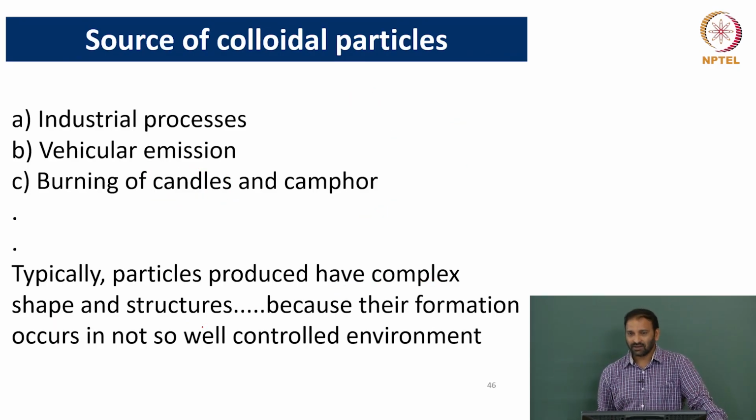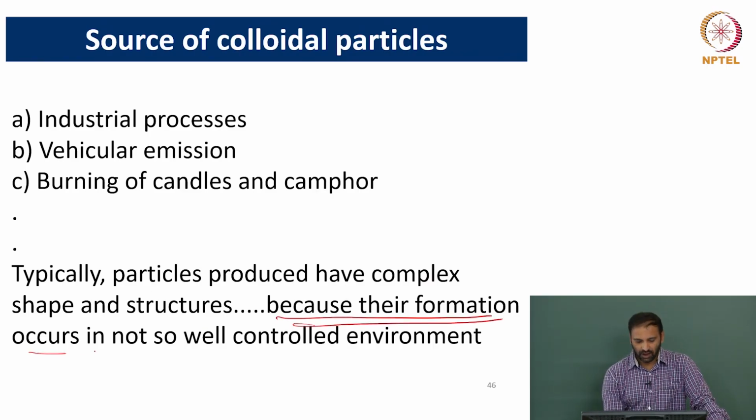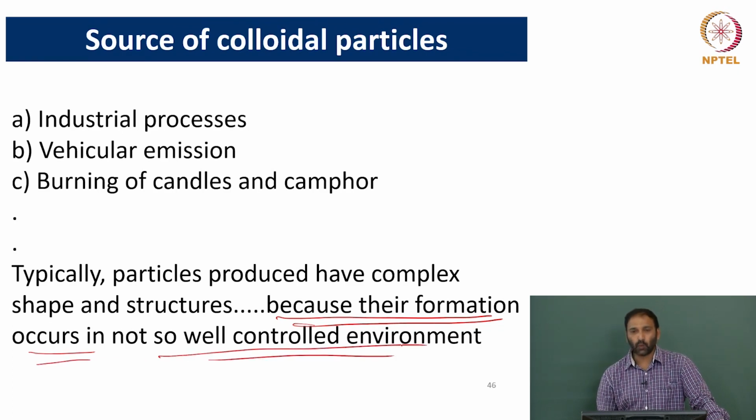That is because their formation occurs in a not so well controlled environment. When you burn a candle, you have oxygen, so essentially the environment around the burning process is not very well controlled. There could be fluctuations in temperature and stuff like that. That's what leads to the formation of such complex particles of different structures, sizes and shapes.